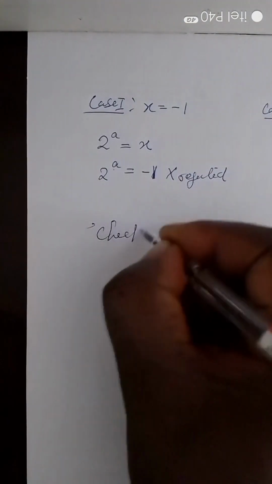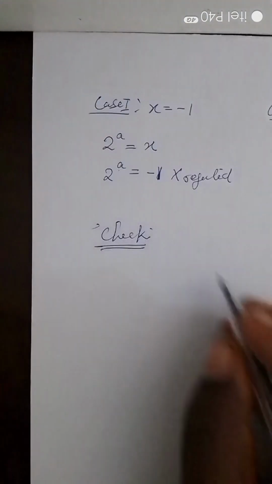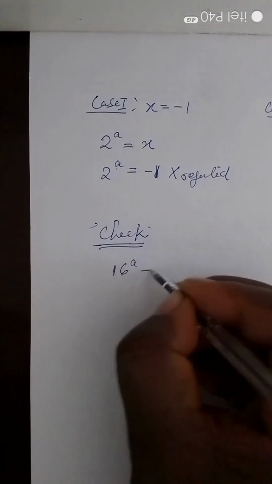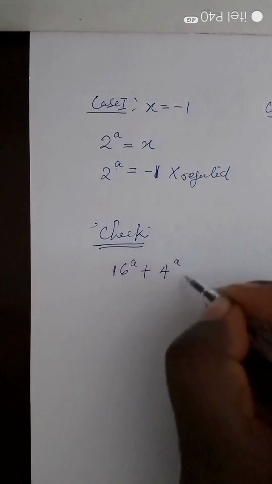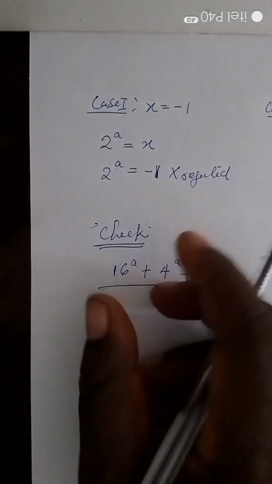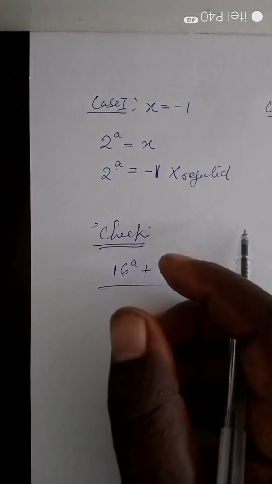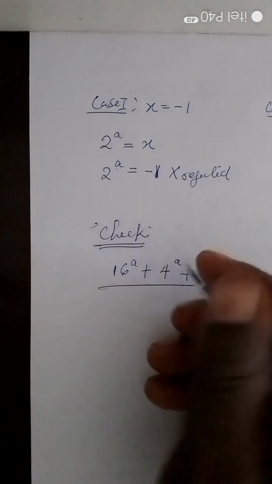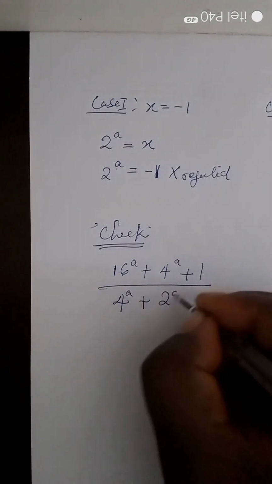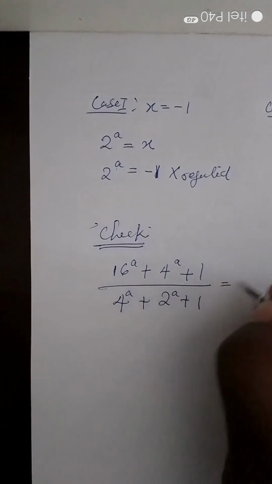Let's check and see that our answer is correct. We have 16 to the power of a plus 4 to the power of a plus 1, over 4 to the power of a plus 2 to the power of a plus 1, equal to 3.